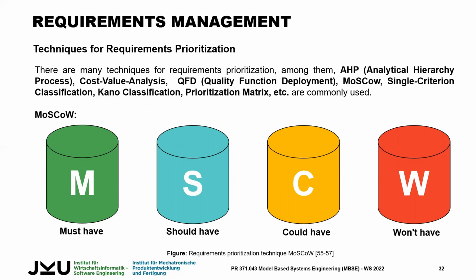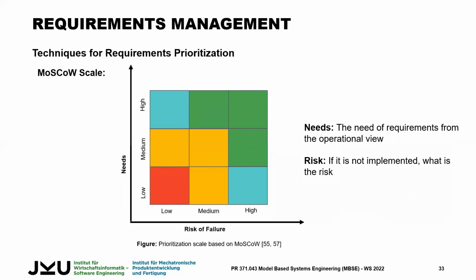One technique is called MoSCoW. M is must have, S is should have, C is could have, and W is won't have. Based on these criteria, you can identify the total number of requirements and segregate them, which is more important and which is less important. And there is also a graph showing how the needs and risk of failures work with the MoSCoW model.